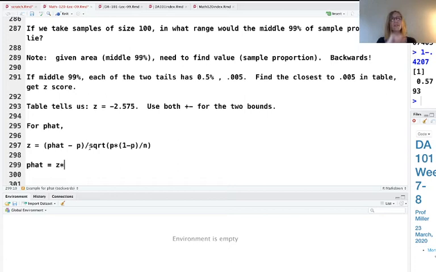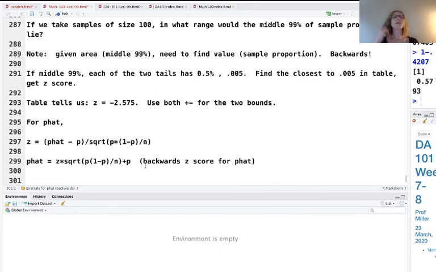I'm going to multiply the square root stuff over, and then add p over to the other side. So p times the square root of p times 1 minus p all over n, plus p when we add that over. Here's the backwards z-score formula. Backwards z-score for p hat.